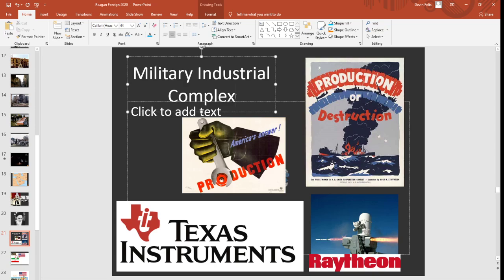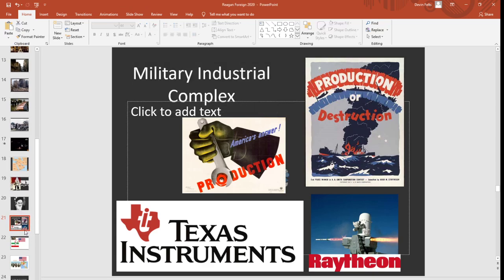President Dwight D. Eisenhower is the first person to coin this term. And guys, this still happens today. We are one of the largest arms producers in the world. We produce more weapons and sell more weapons than, I think, any other country in the world. I think Israel also sells quite a few, but the United States, I think, is the biggest seller of arms.